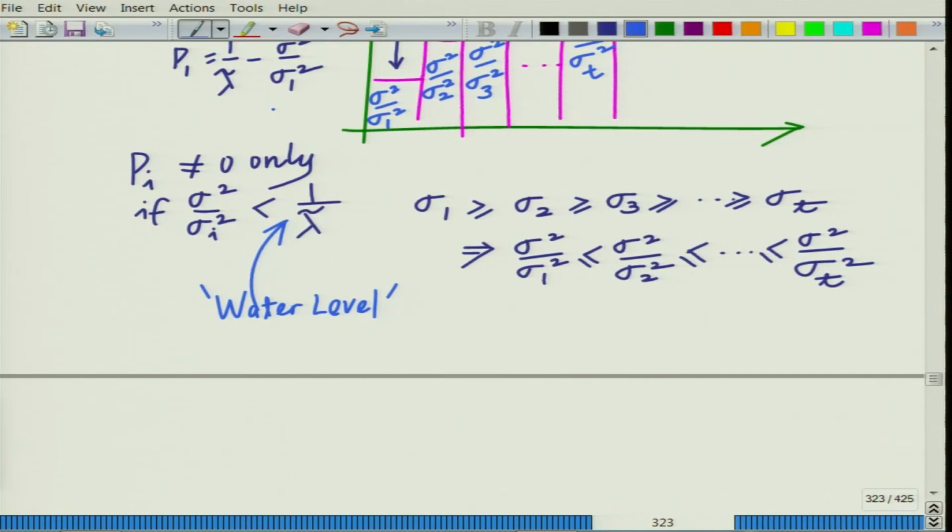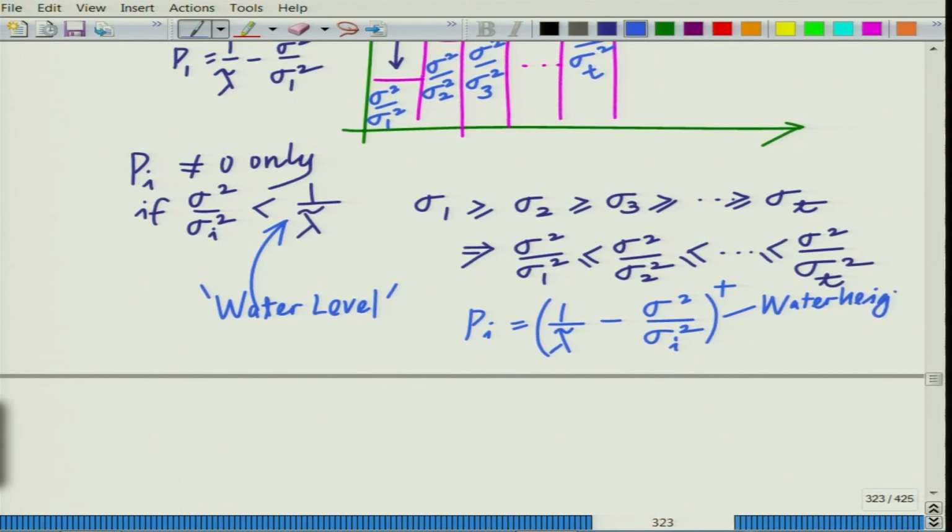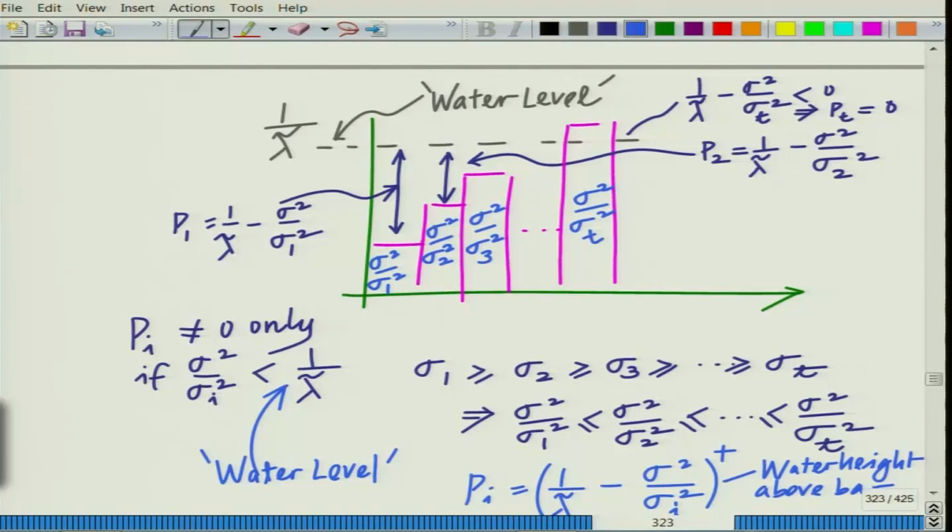You can think of P_i equal to 1 over lambda tilde minus sigma square over sigma i square, plus, as the water height above the bar, and therefore this is termed the water filling algorithm.